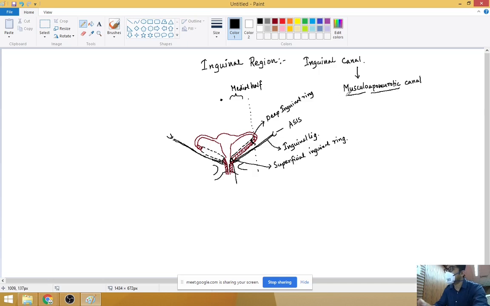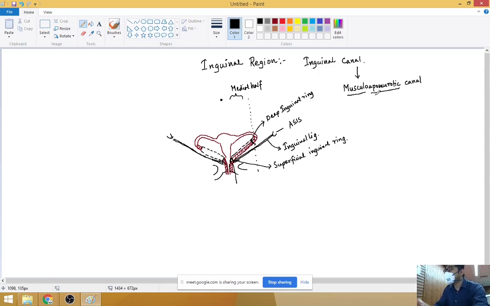These are also abdominal muscles. So this is a musculo-aponeurotic canal which lies in the medial half of the inguinal ligament, starts from the deep inguinal ring, ends in the superficial inguinal ring. In case of females, the round ligament passes. In case of males, the spermatic cord.